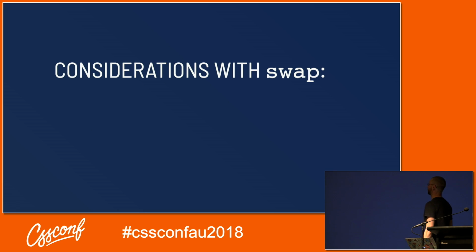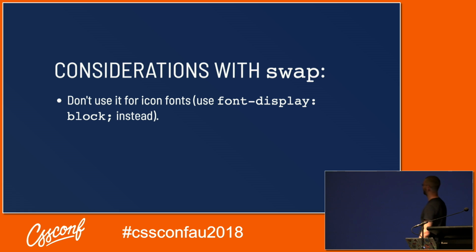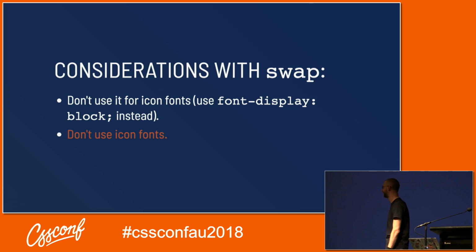But there are considerations with swap. Don't use it for icon fonts. Use font display block instead. What block does is it will block indefinitely. It's like flash of invisible text, but without a timeout, until a resource is downloaded. But maybe don't use icon fonts. I mean, I don't want to sit up here and tell you what to do, even though I'm sitting up here and telling you what to do.